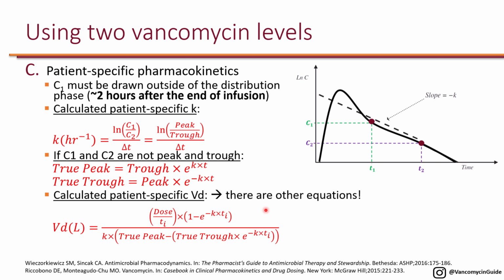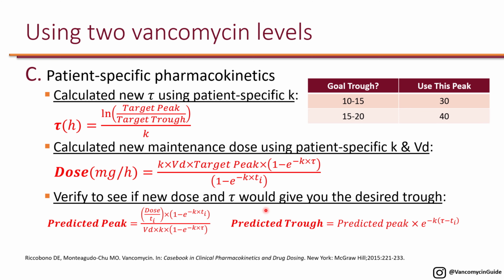And then after we get this volume of distribution and the k, we also need to calculate a new tau. Now this is assuming that the previous dose was not giving us the levels that were at goal. And then you can recalculate the tau using the new k that we calculated. And then we calculate a new dose using the tau and everything that we so far calculated.